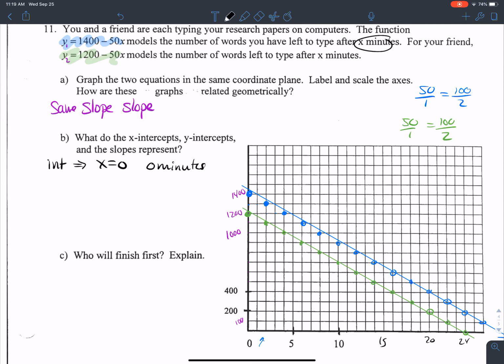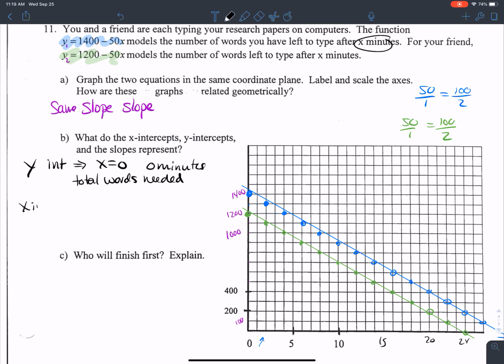I don't mean to mess that up, but at our y-intercept, x is 0. So that means 0 minutes have passed. So if 0 minutes have passed, that's just y, the number of words left. Now, we can also interpret that if I haven't started typing, that's how many words I need to do. But it's also what we're subtracting from, so let's just call it the total words needed. Because if we haven't typed anything, the number of words left is what we have to do.